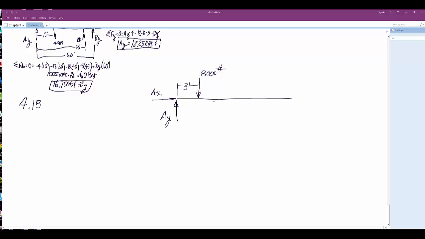Then we've got this evenly distributed load, which is 600 pounds per foot over a length of 12 feet. So we're going to have another force out here. We said it was 600 pounds per foot times 12 feet.